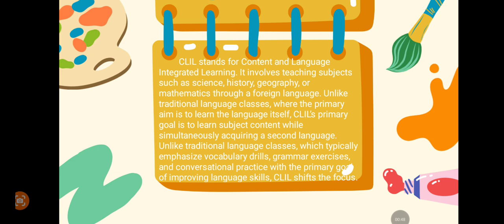For example, when we are teaching English, we also teach contents of other subjects like science, history, geography, math, and other subjects. Unlike traditional language classes where the primary aim is to learn the language itself, CLIL's primary goal is to learn subject content while simultaneously acquiring a second language.